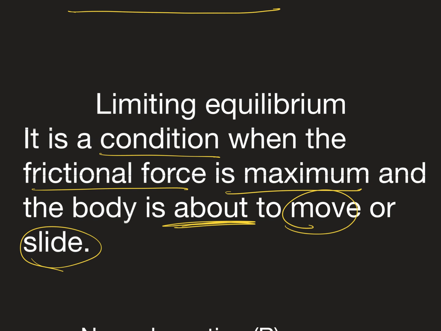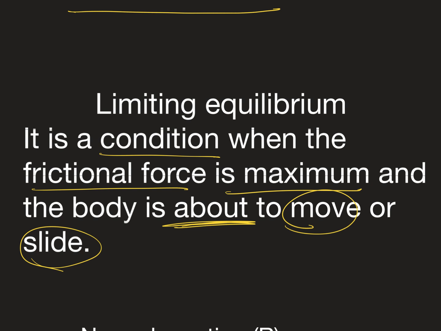Okay? Now, what you have to understand is we have frictional force and we have pulling force. Usually these two forces are acting in opposite direction. So the more you pull an object along the surface, the more the frictional force will increase. So as you increase the pulling force, the frictional force also increases.